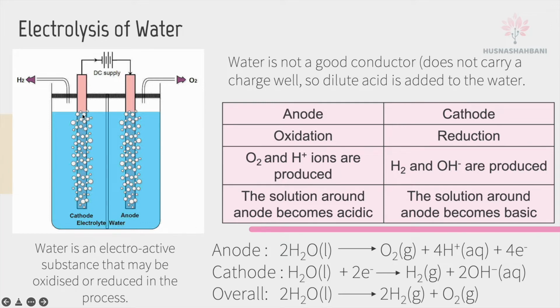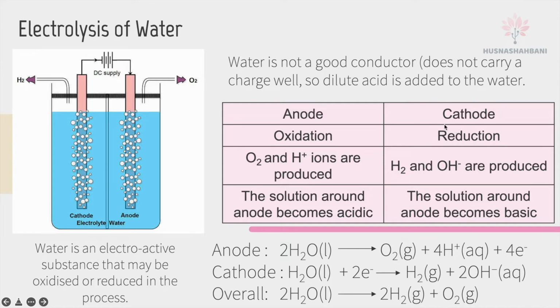Because we only have water in the electrolyte, oxidation of water results in oxygen gas and H+ ion because electrons are removed.